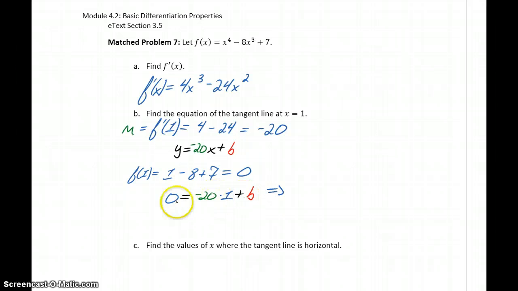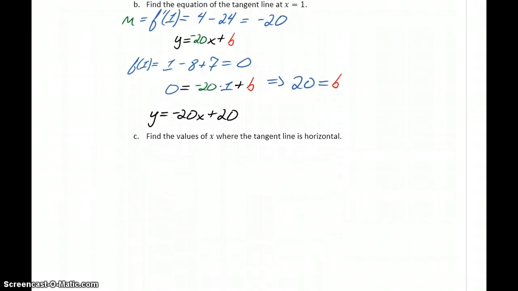To get b by itself, we would add 20 to both sides. So that tells us that our value for b is exactly equal to 20, meaning the equation for our tangent line at this point is y equals negative 20x plus 20.